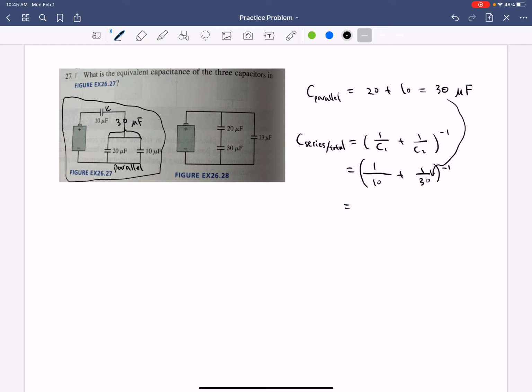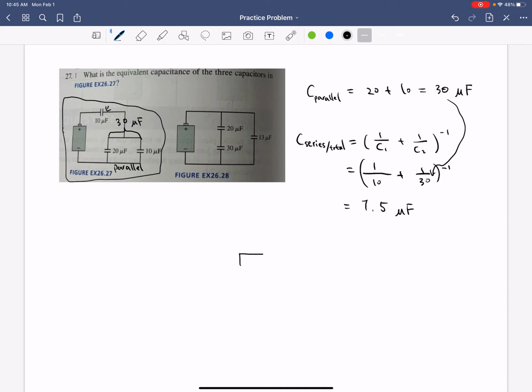Let me plug that into my calculator. That equals 7.5 microfarads. So 7.5 is the total capacitance of all three capacitors combined.